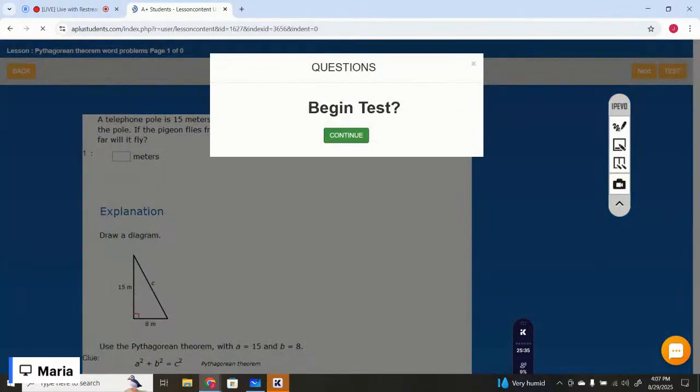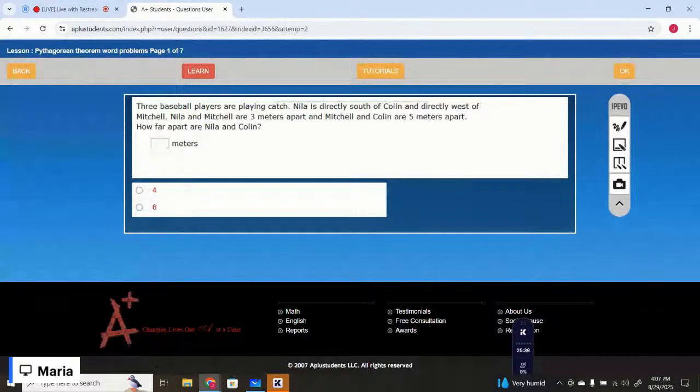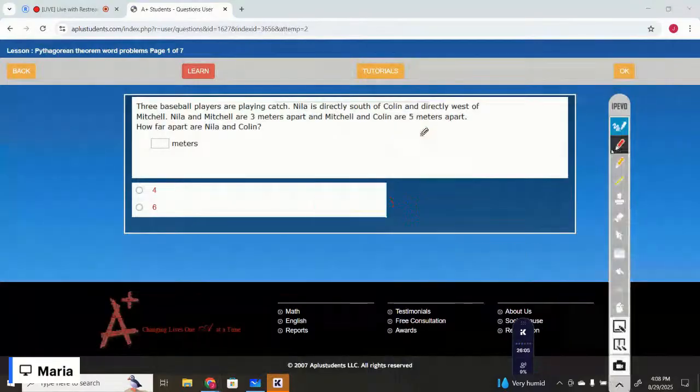Let's just start with the test question. Three baseball players are directly south of Colin and directly west of Mitchell. Neela and Mitchell are 3 meters apart, and Mitchell and Colin are 5 meters apart.